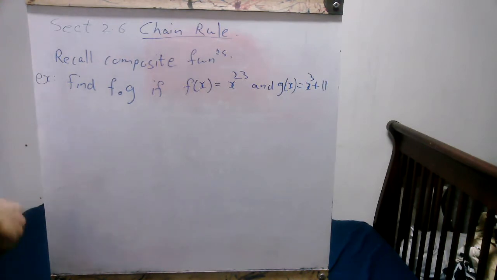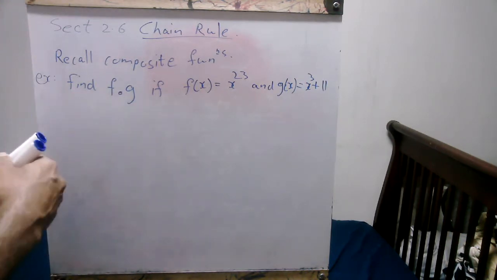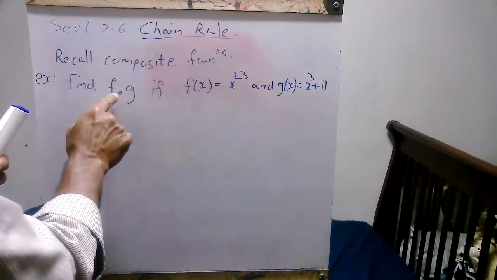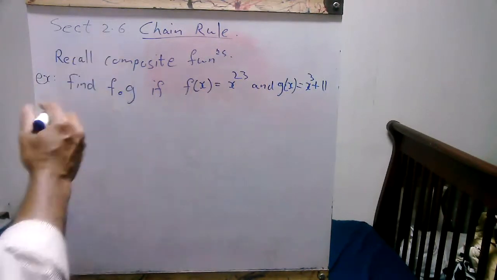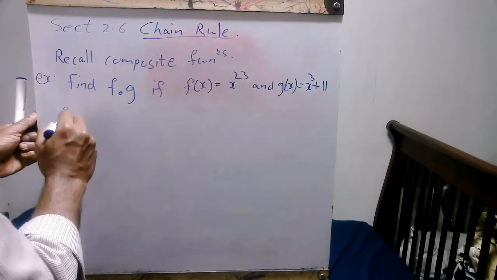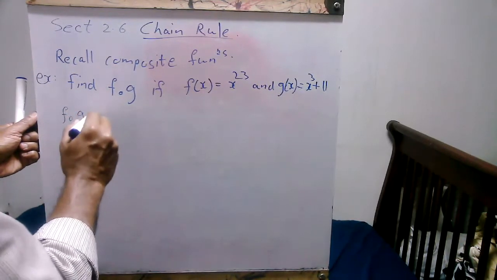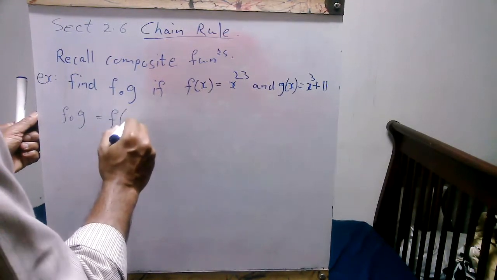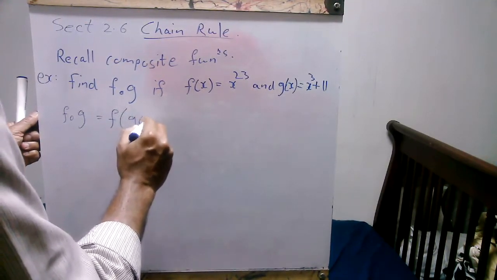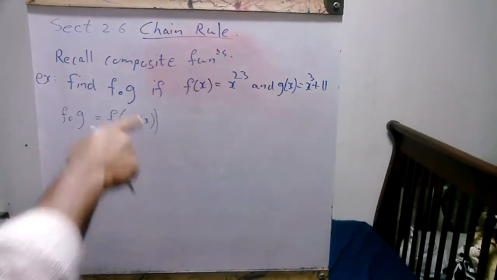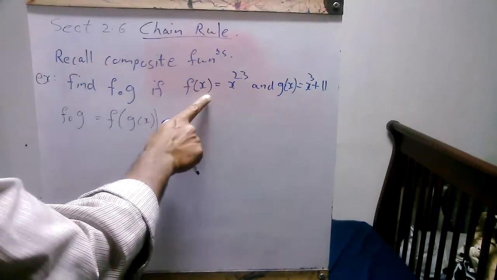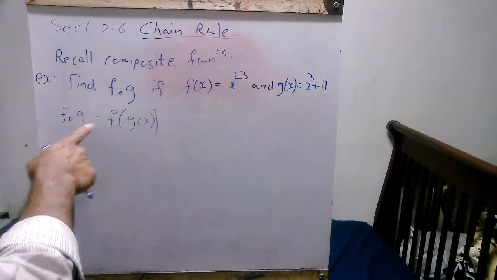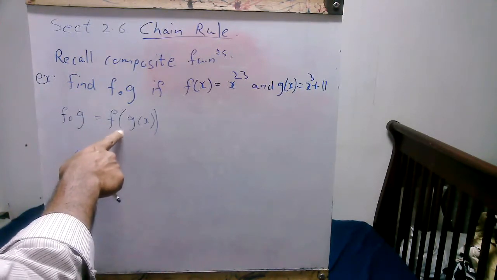When finding a composite function, what we want to find is f composite g, which simply means f of g of x. Clearly f and g are both functions of x, so f composite g means f of g of x.